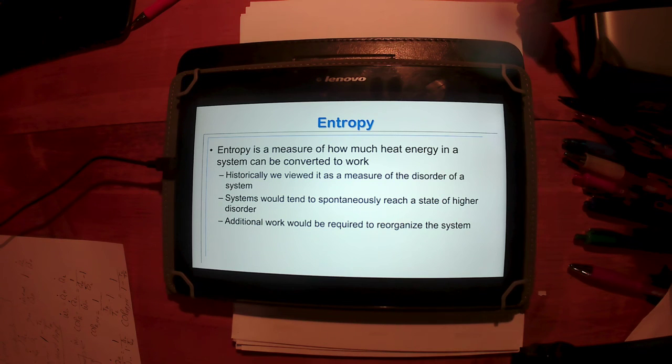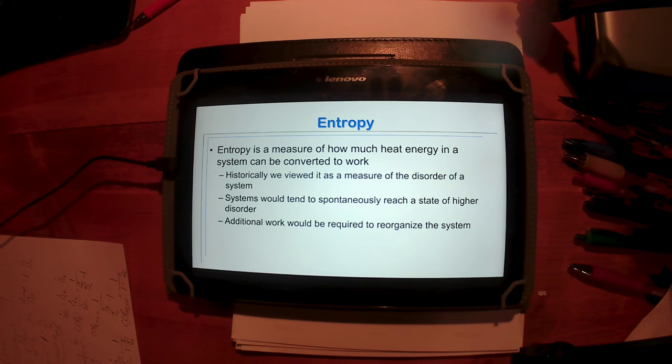Historically, if you've had a chemistry course, and hopefully you have before you take a thermo course, we maybe have introduced the concept of entropy and said that this is a measure of the disorder, the chaos, how unpredictable the molecules within your system are. That's all true. What we know is systems will spontaneously reach a higher state of disorder, a higher entropy.